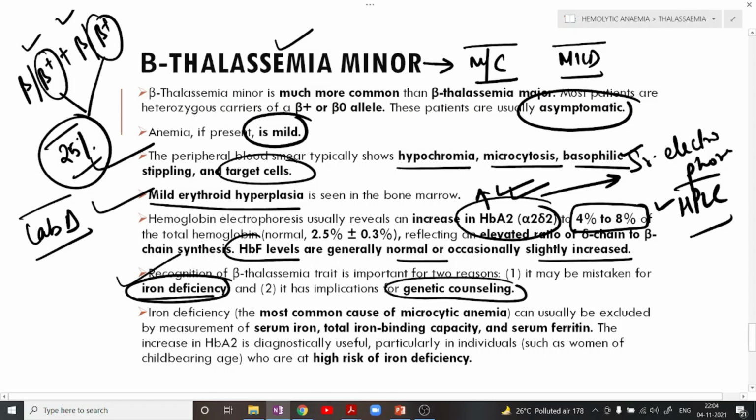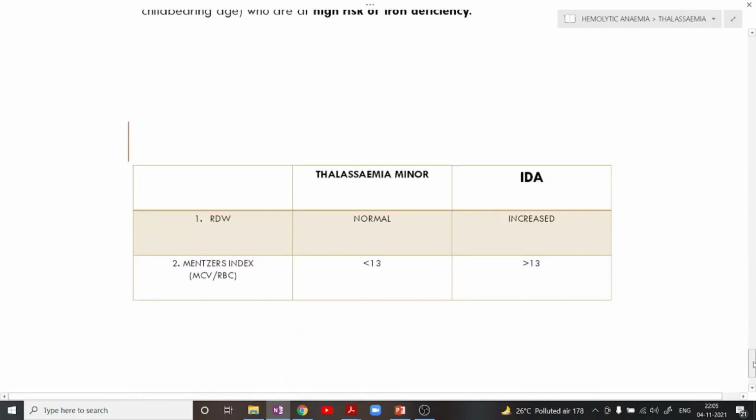Now remember, iron deficiency, as I told you, is the most common cause of microcytic hypochromic anemia, and it is the first differential diagnosis for beta thalassemia minor. So how can we exclude it? We can carry out serum iron, total iron binding capacity and serum ferritin level to rule out iron deficiency anemia. But there are certain other parameters also that we can use.